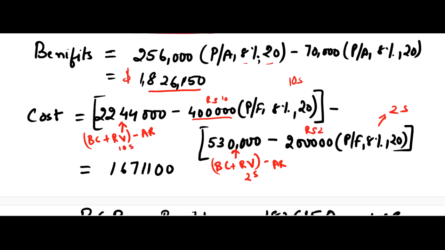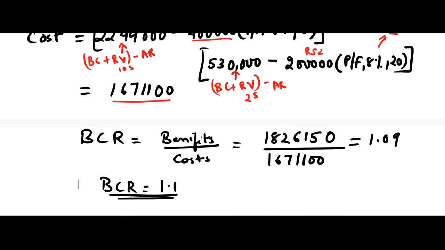When you calculate, you will get a value of this, and the BCR can be given as benefits to the cost. When you take a ratio, you will get a value of 1.09, and it is equivalent to a BCR of 1.1.